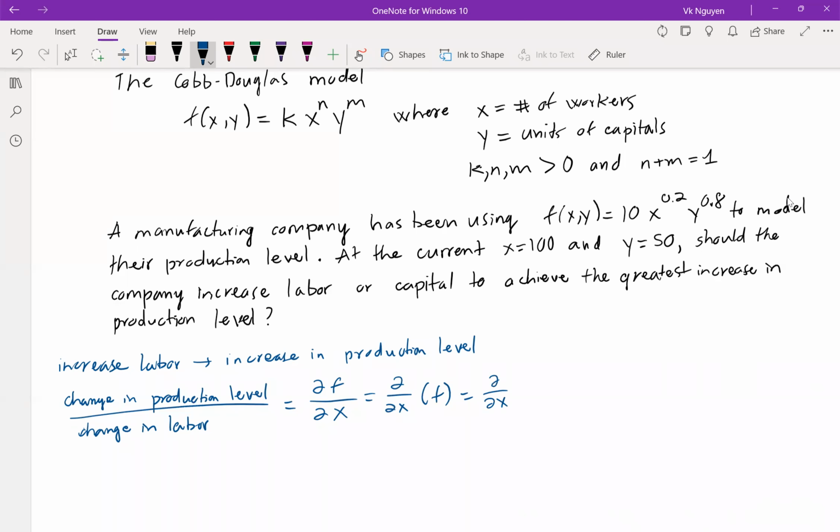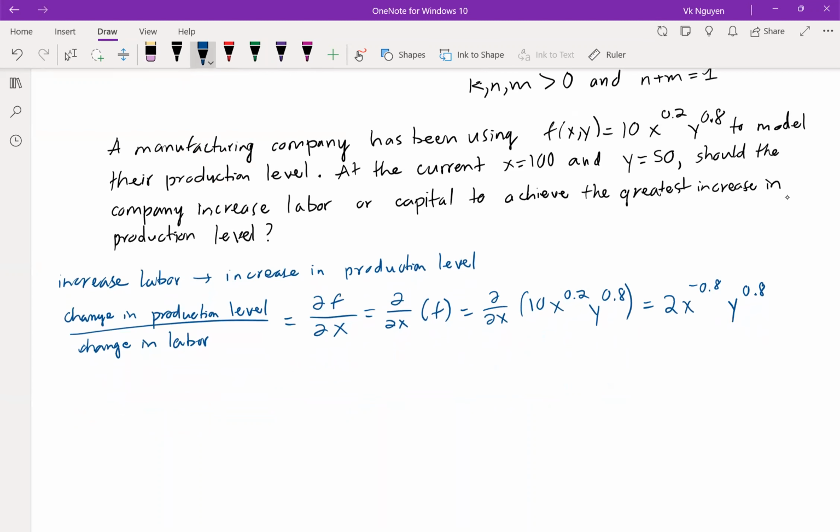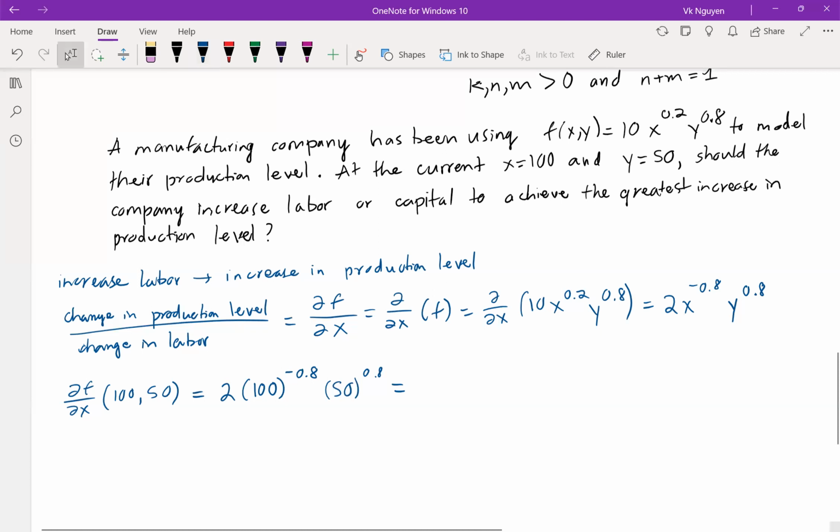That is the partial derivative of 10 x^0.2 y^0.8. We're going to get 2 x^-0.8 y^0.8, and then plug in x = 100, y = 50. So partial f over partial x at (100, 50) is 2 times 100^-0.8 times 50^0.8, and that would equal 1.1487.